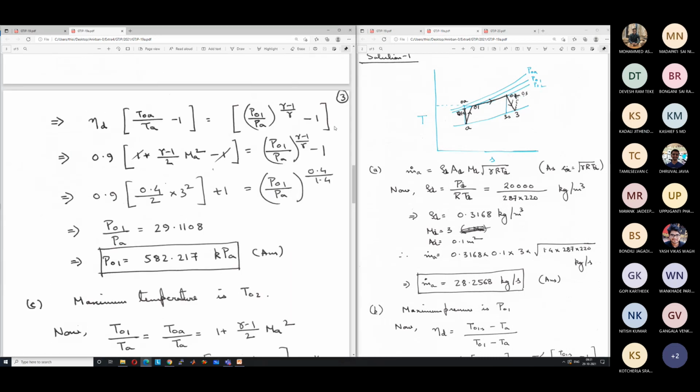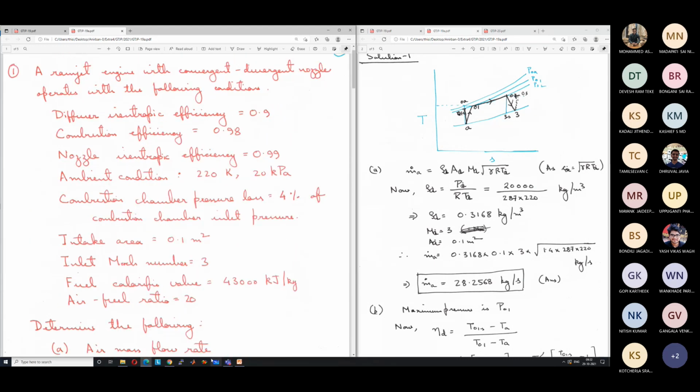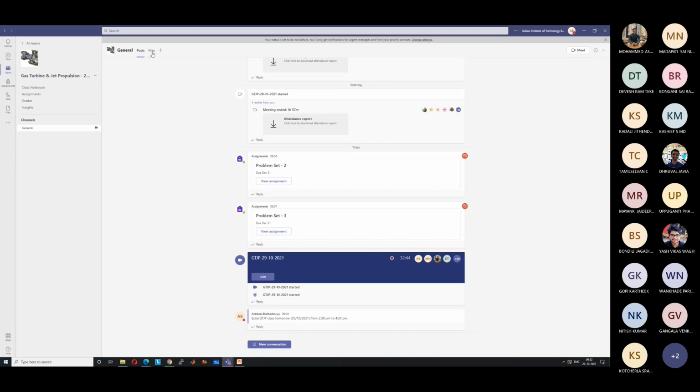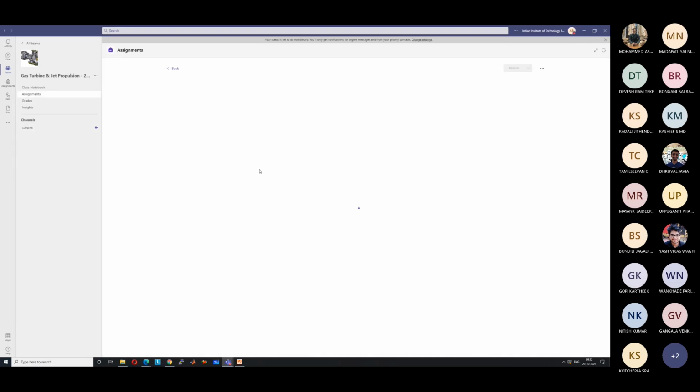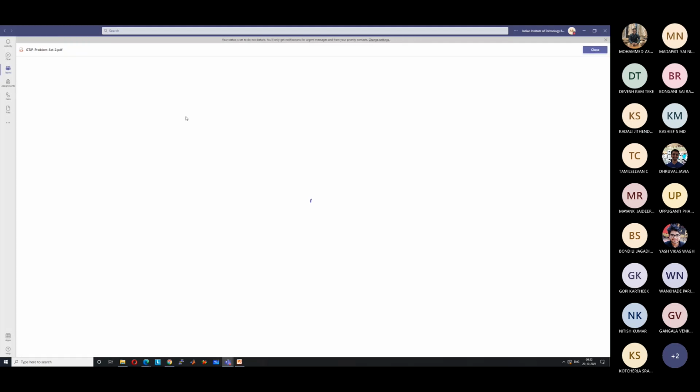Due to lack of time, we will not solve more problems on this in the class. As I said, I will try to find some more problems and let you know. I have also uploaded a few problems today. You can go to the problem sets, which I have just uploaded right now. A few problems are there just for practice. Try to solve them on your own, and only then go through the solutions.